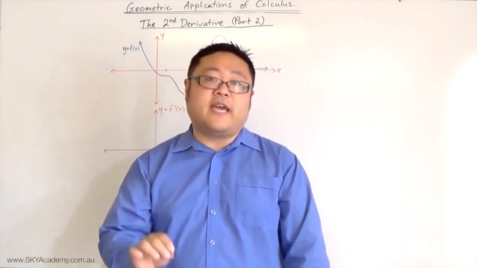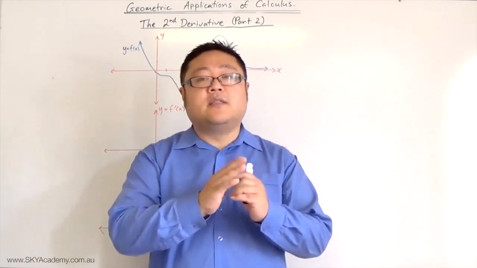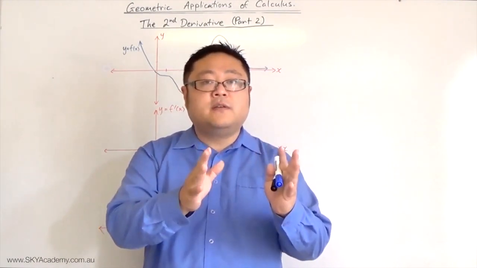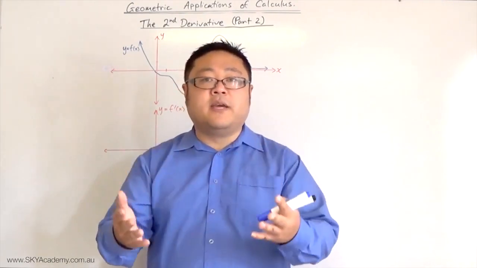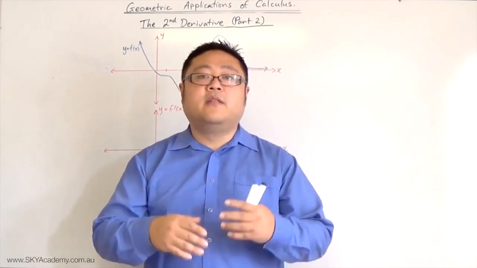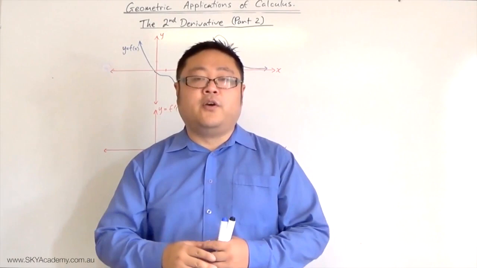In this topic we're looking at the geometrical applications of calculus. What we have been looking at up until now is how the first derivative and the second derivative inform us about the nature of graphing a curve.